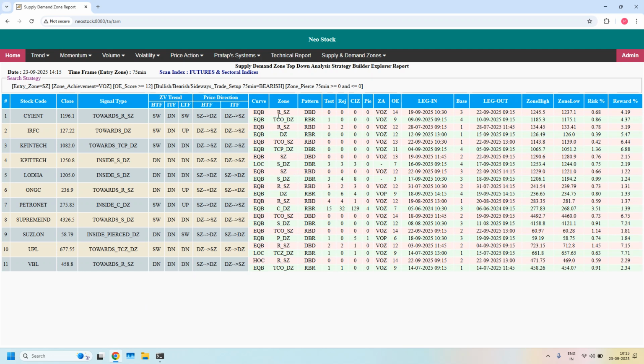And the entry time frame zones are 75 minute supply zones. So total we got 11 75 minute supply zones. Out of these 11 75 minute supply zones, there could be some high probability trade setup supply zones available.